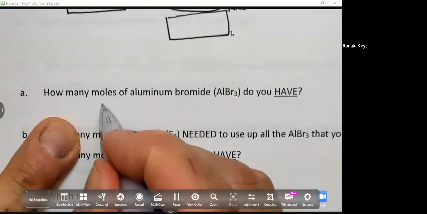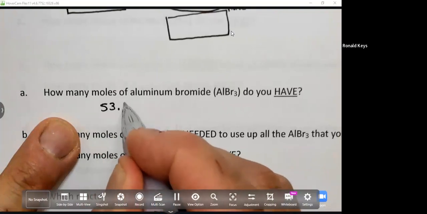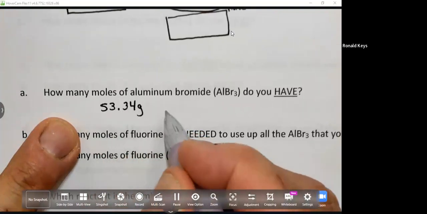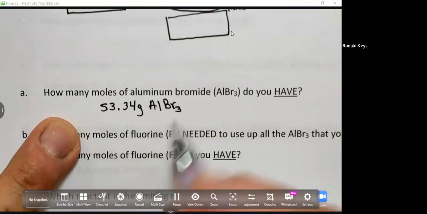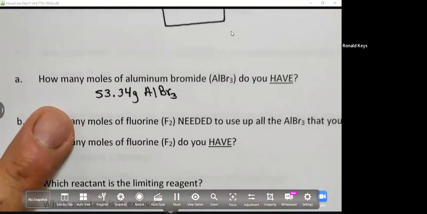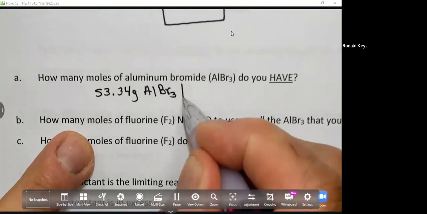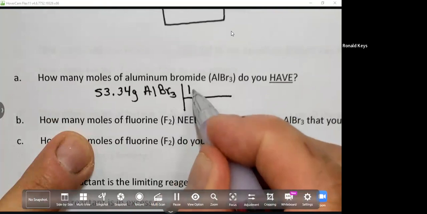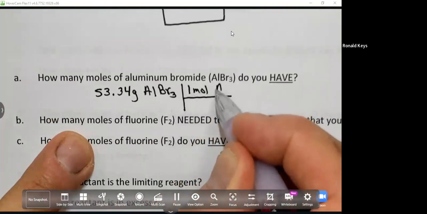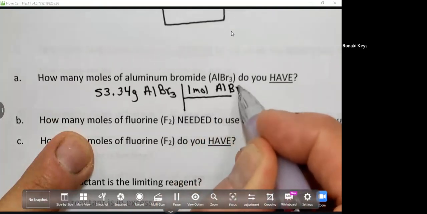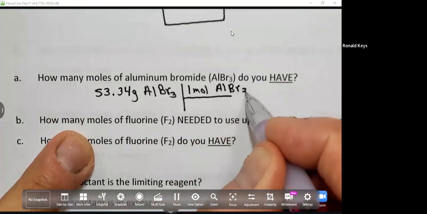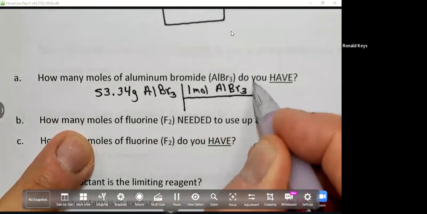That's where I left room. We have 53.34 grams of aluminum bromide.